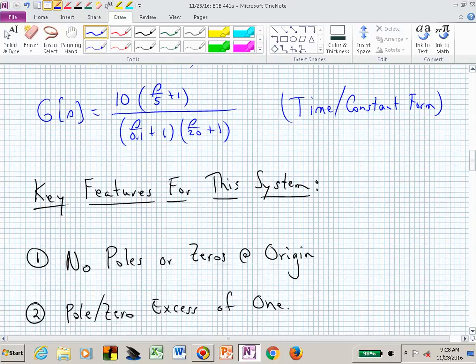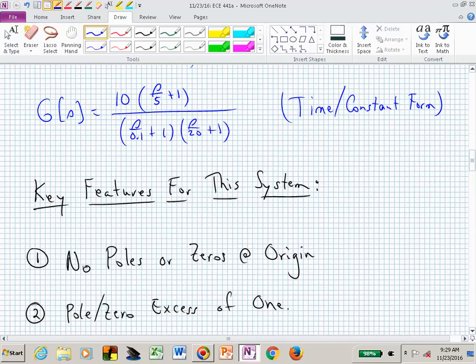0 degrees, and when do we start bending the phase curve? We have poles and zeros at 0.1, 5, and 20. Do we just start kinking our phase curve at those frequencies, or breaking it? No. That's where we center the phase.